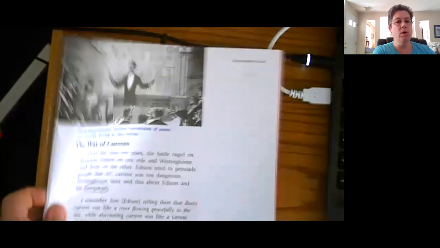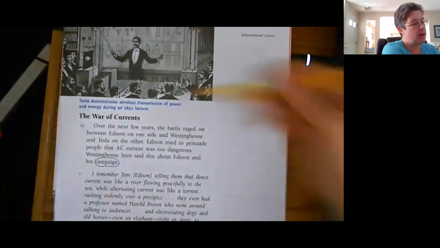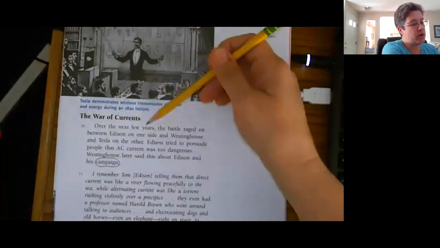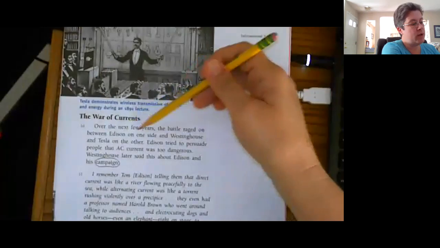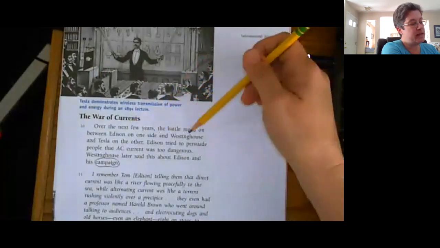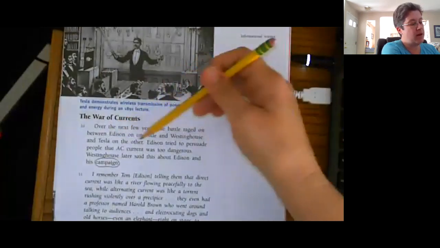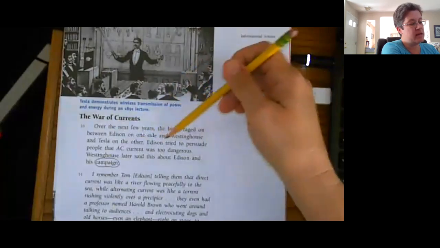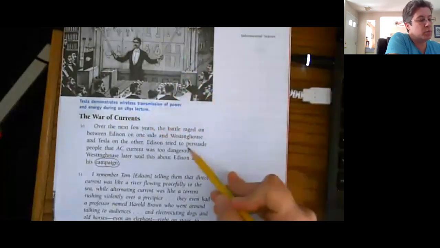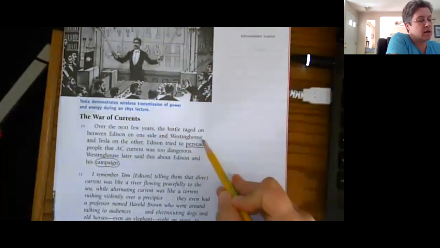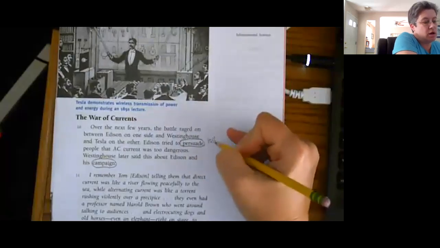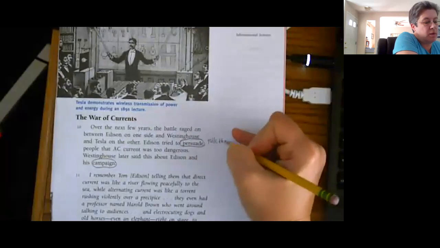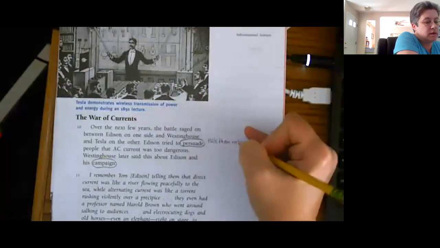The War of Currents. Over the next few years, the battle raged on between Edison on one side and Westinghouse and Tesla on the other. Edison tried to persuade people, or talk them into it.